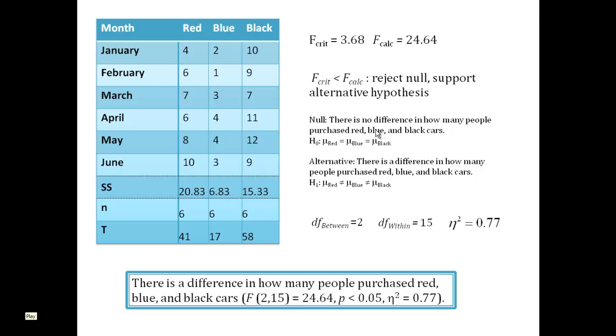All we could tell them is that we know that there are some colors of cars that are purchased more than other colors of cars, but we don't know what the difference is. And again, we won't be covering post hoc tests in this video. So all you can say at this point is that there is some difference. You can't say where the difference is. And that is how you calculate a one-way between subjects ANOVA.